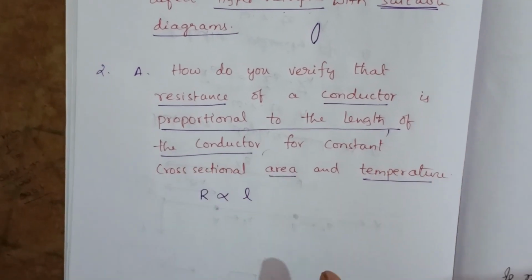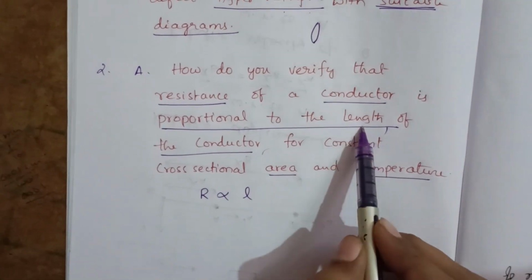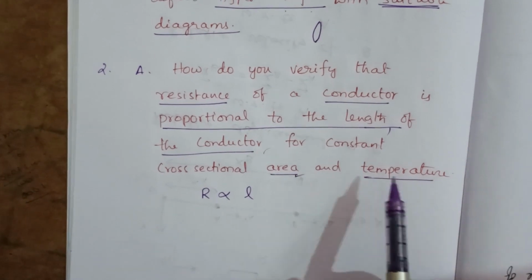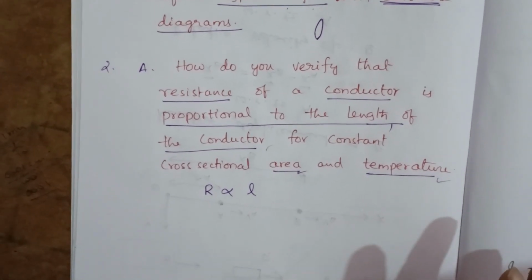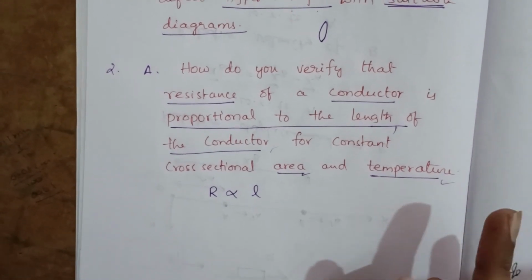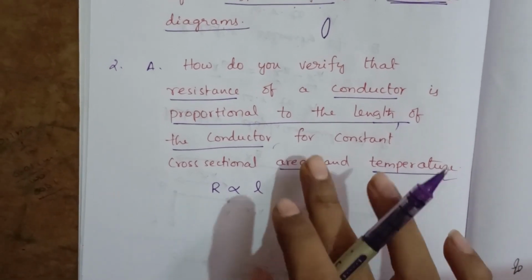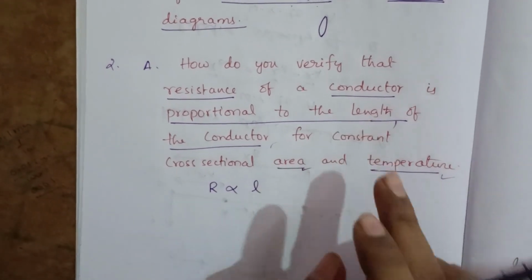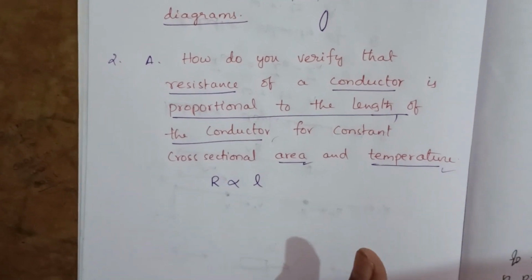Whenever this question is asked, students get confused and write one activity for length, one for area, and one for temperature. We have 4 activities: first temperature, next nature of the material, next length, next area. So they write 3 activities instead of writing only length. Don't get confused; write what they asked.